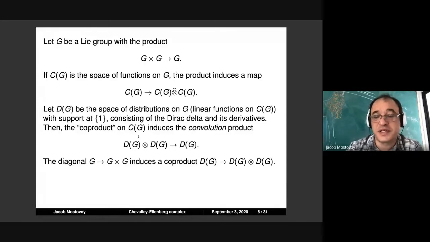It appears in this fashion. If we have a Lie group, the product is simply a map G cross G to G.